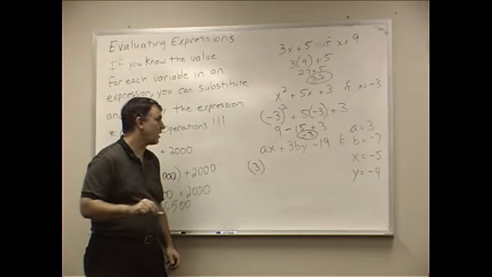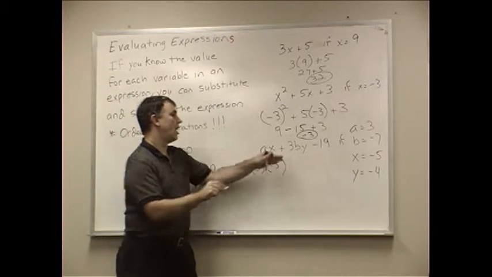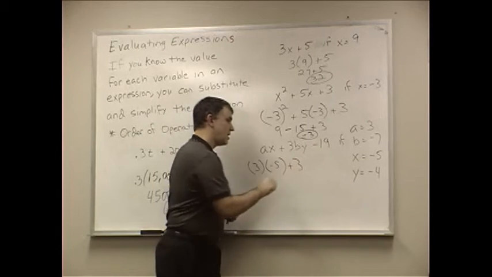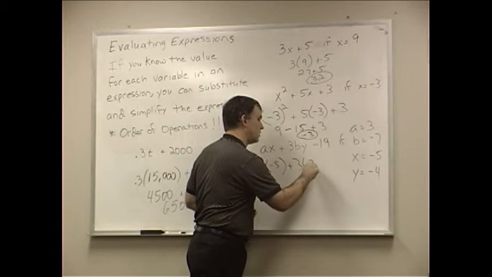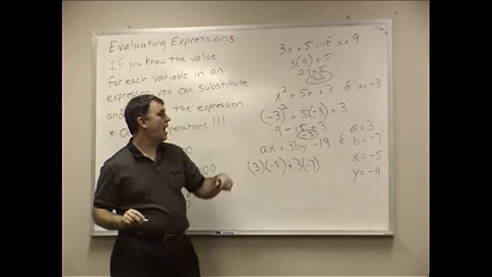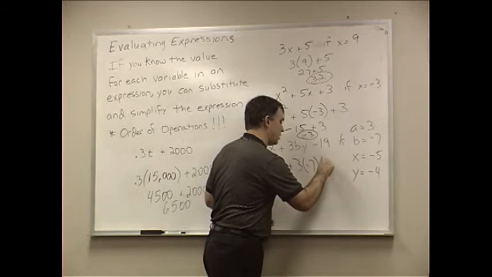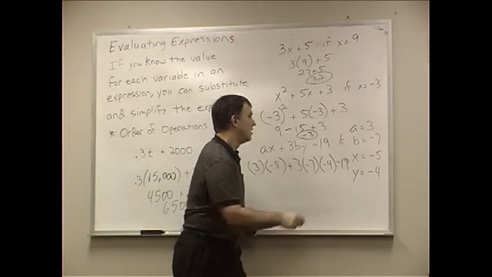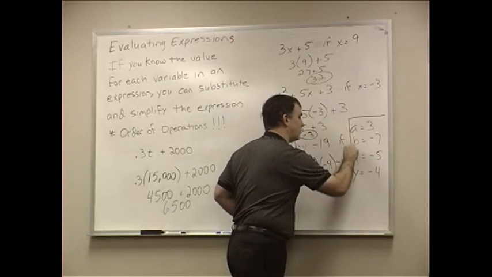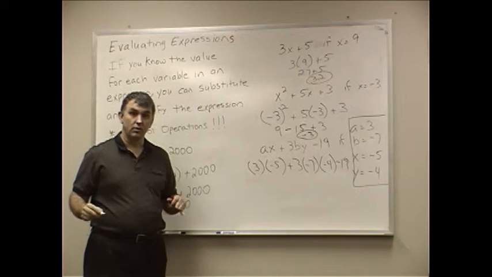For the x, I've got a negative 5 plus 3. The b is negative 7. The y is negative 4. And then I have to subtract 19. Didn't do very well here on space organization. But now I have them all substituted in.